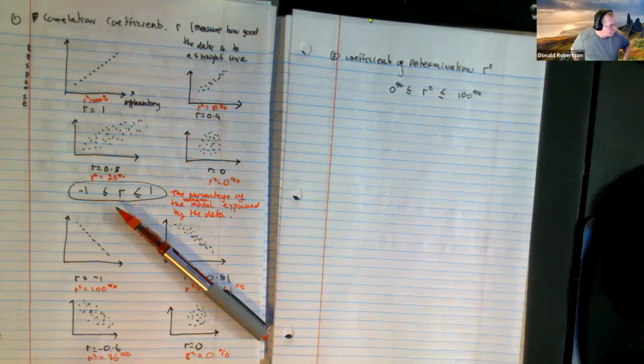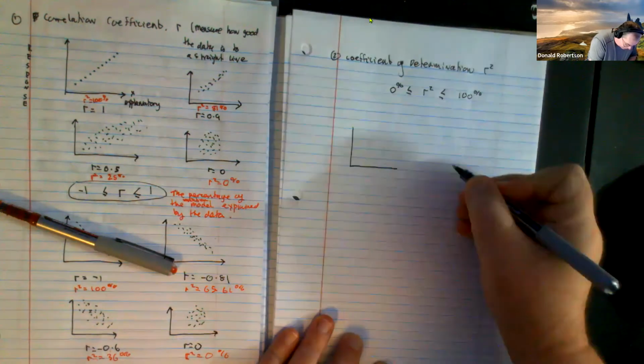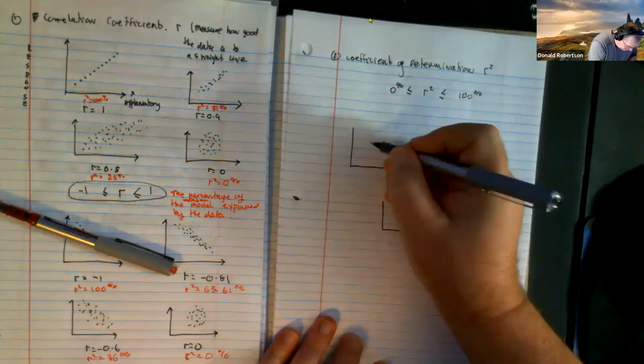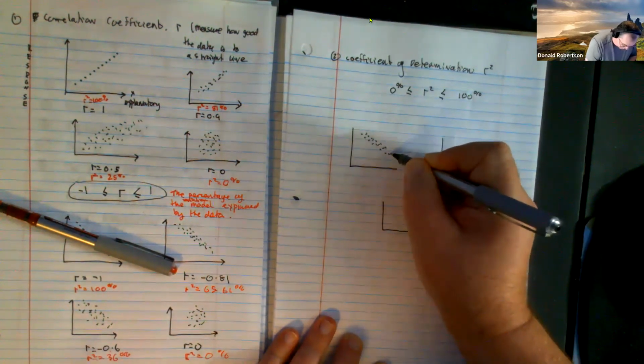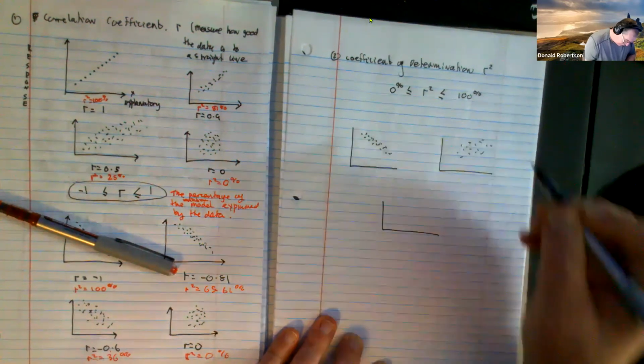So you could get questions where they give you a picture. Well, let's do that. One of the data sets looks like this, and it looks like this.